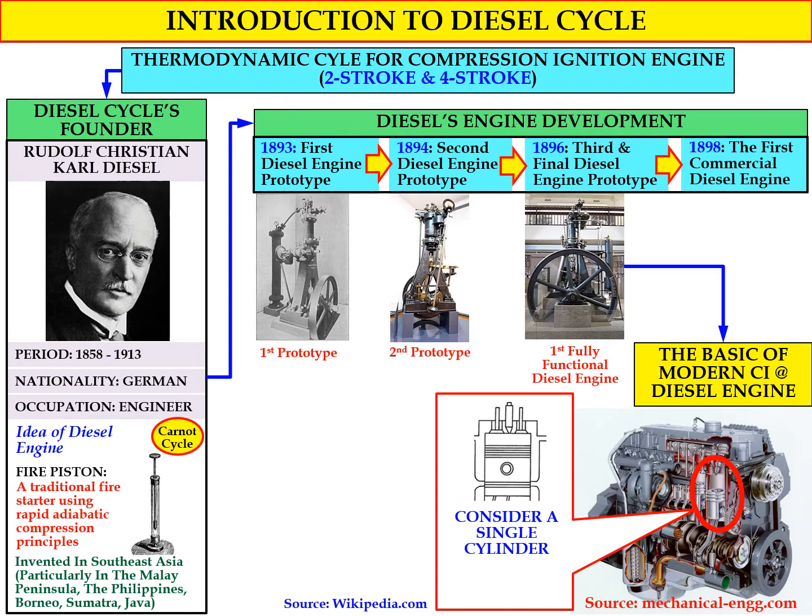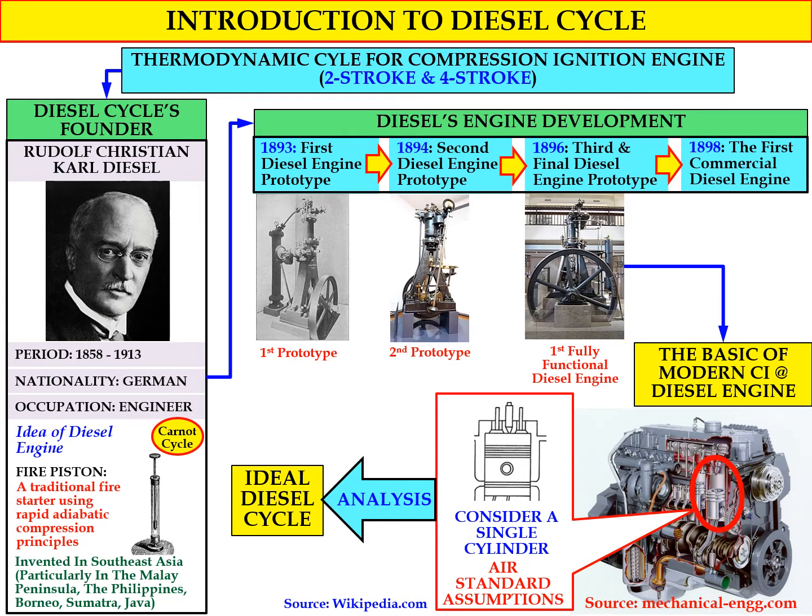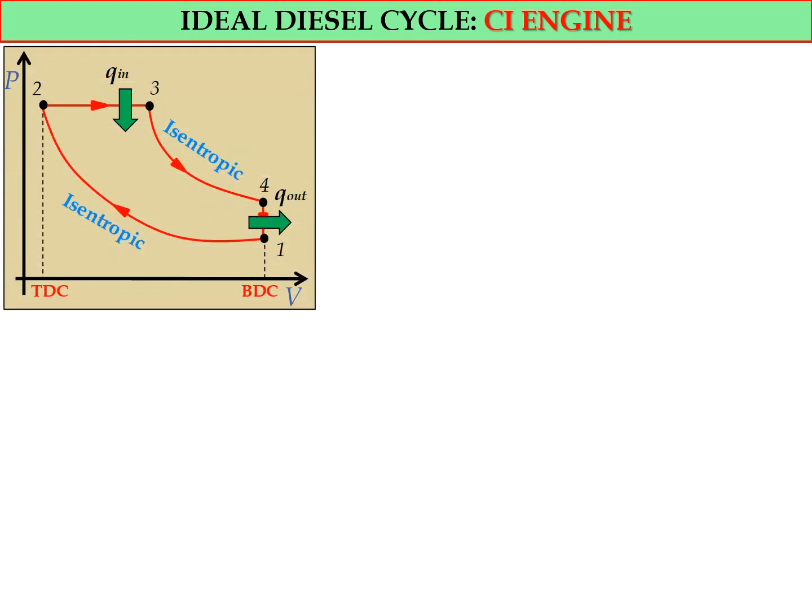However, in this system, we consider only a single cylinder, and use the air standard assumption to simplify the complex analysis. So the analysis becomes the ideal diesel cycle, the compression ignition engine. This is the PV diagram of the diesel engine.